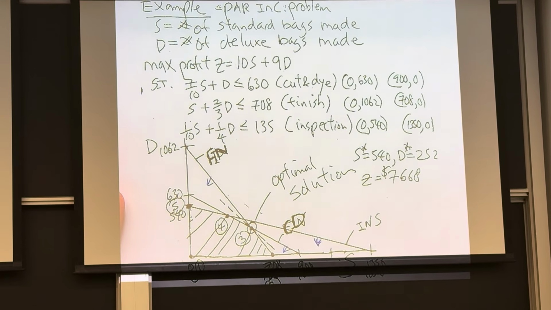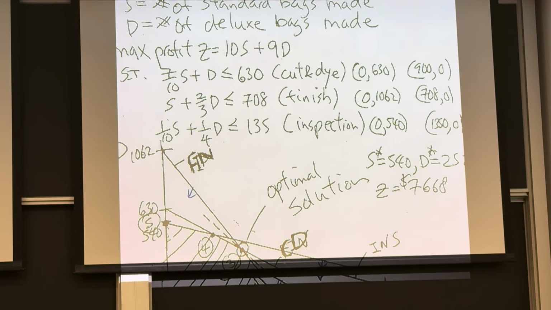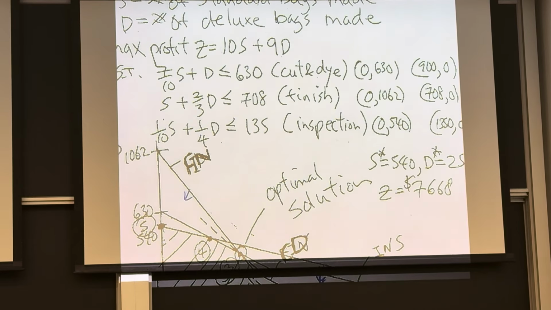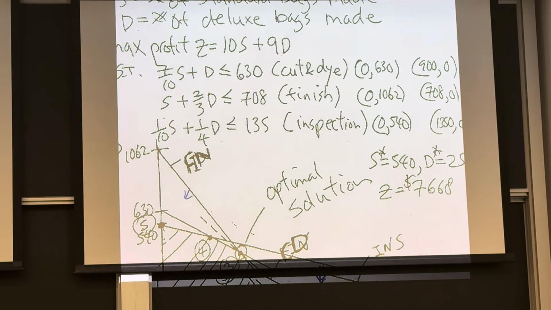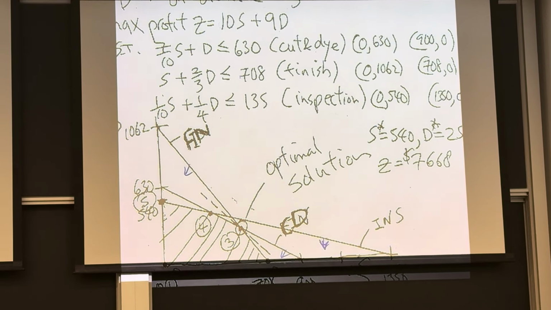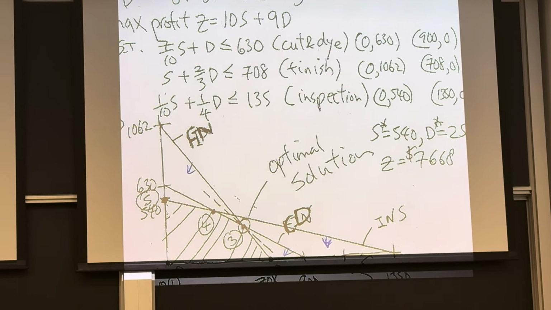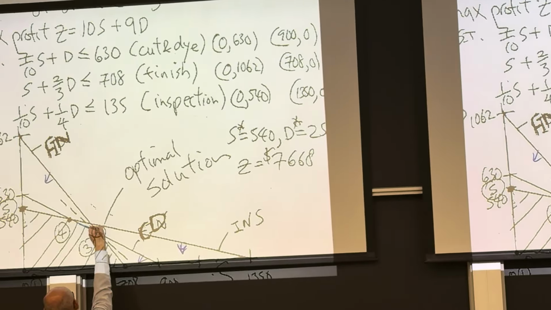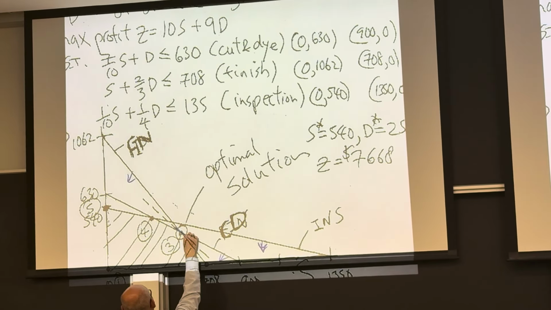I'll give you a little motivation over here. When you start changing the 10, the objective function slope is going to start tilting this way or that way. As long as you don't go beyond this here, or below this here, then 3 is still optimal.